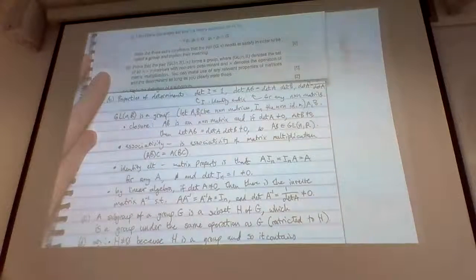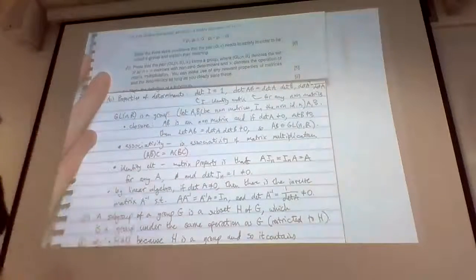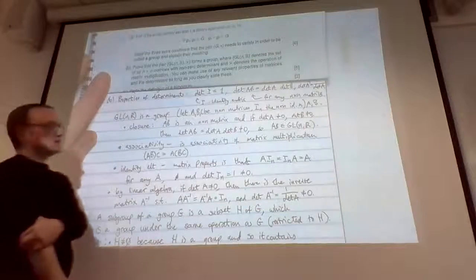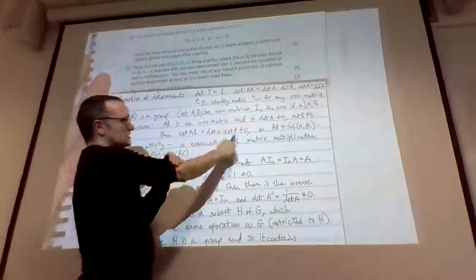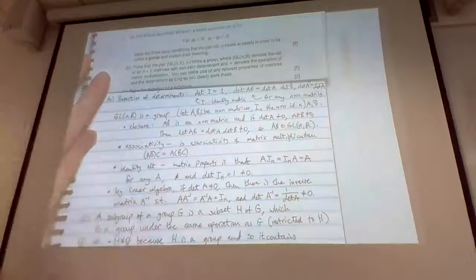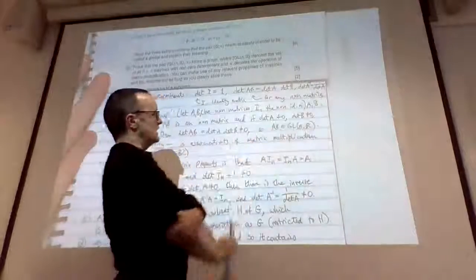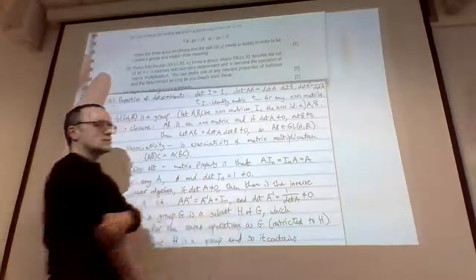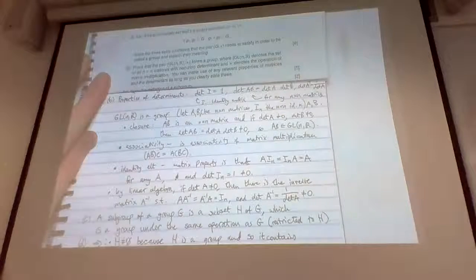AB is an n by n matrix, and so he just says if you multiply 2 n by n matrices, you get an n by n matrix. Fair enough. If the determinant of A is non-zero and the determinant of B is non-zero, then clearly this determinant, being the product of those 2, has to be non-zero. Therefore, AB is in GLNR because AB has non-zero determinant. Okay, so he's fully addressed that point.